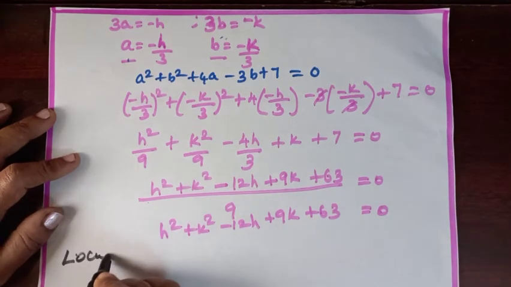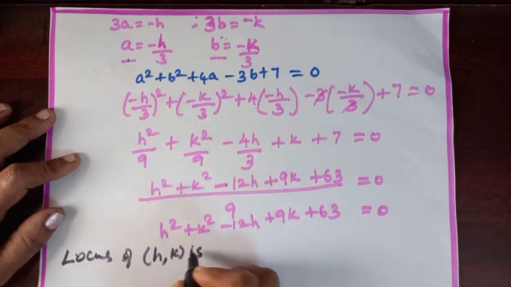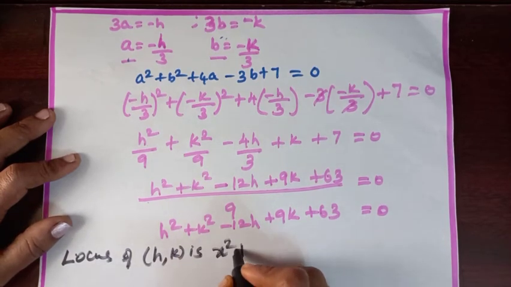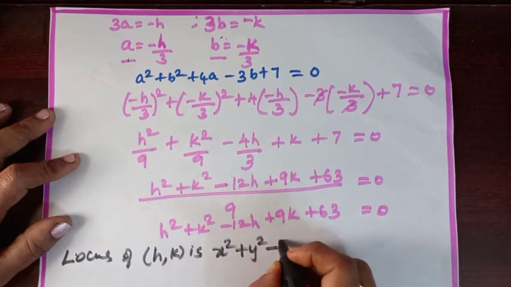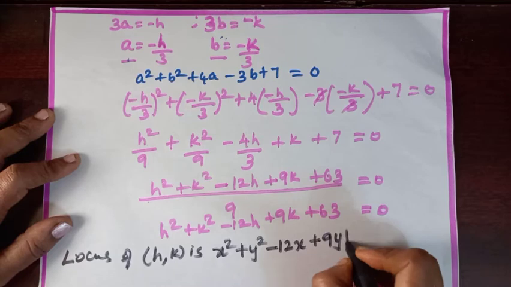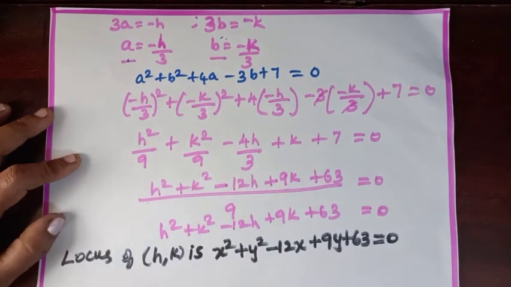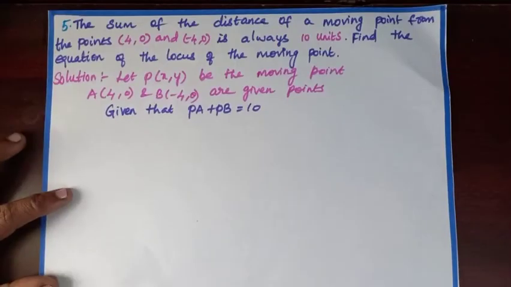Locus of (h, k) is x square plus y square minus 12x plus 9y plus 63 equal to 0.